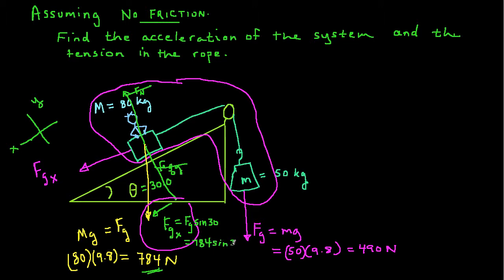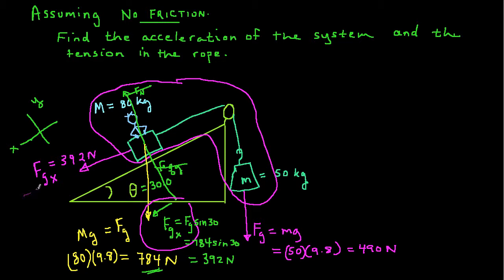Of course, the sine of 30 degrees is 1/2 or 0.5, so I have to take half of this, so that would be 392 newtons. Excellent. Okay, so that is going to be right here, 392 newtons.